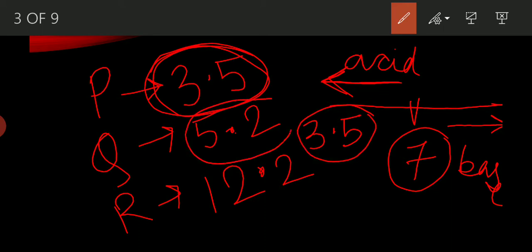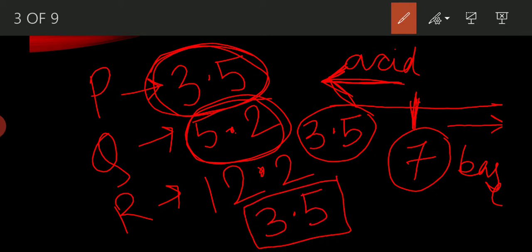Both 3.5 and 5.2 depict that P and Q are acid because they are less than 7. But as we move from 7 towards left, the acidity actually increases. That means here 3.5 means a strong acid and 5.2 means a weak acid.